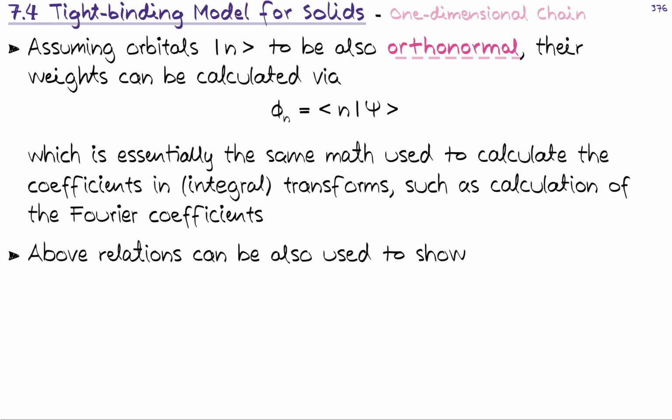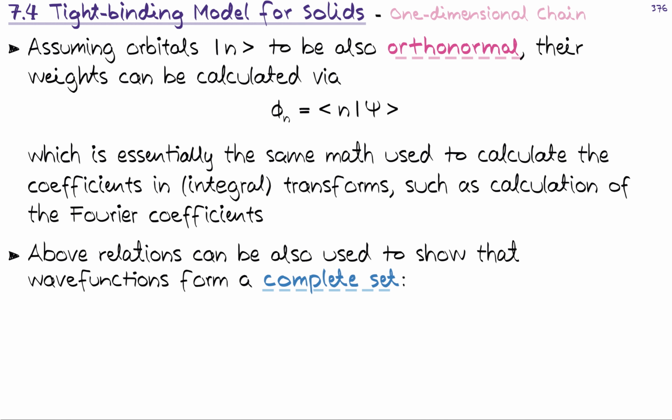And now what we can do is show that with the above restrictions, so that we have orthogonality over the states and they're also normalized, the wave functions form a complete set. What this means is that when we take the ket of psi, the total wave function, we can write it as the superposition over all those orbitals.